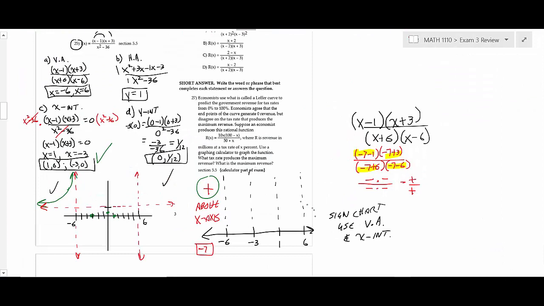So I'm going to do one other thing here. I'm going to do a test point out here, and let's say that we have 7. Again, we would have 7 minus 1 times 7 plus 3 over 7 plus 6 times 7 minus 6. You can do the sign stuff in your head. This is just a positive times a positive over a positive times a positive.